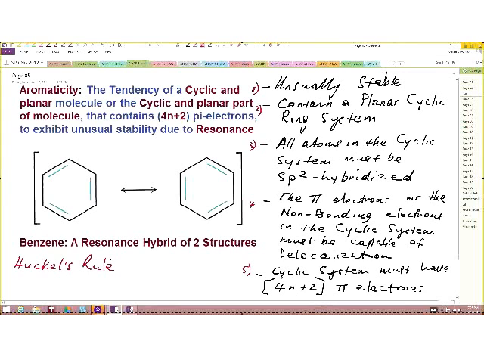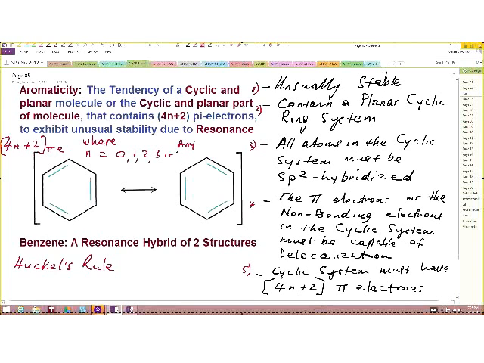Now, what do we mean by 4n plus 2 pi electrons, where n equals 0, 1, 2, 3, in other words, any integer?